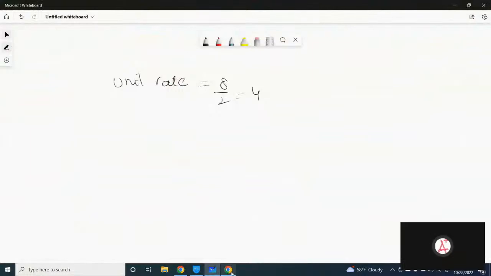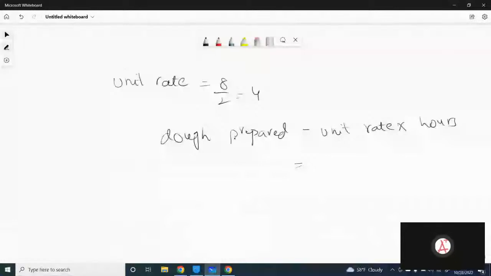So how can you find the value? Okay, you have to find the dough prepared, and that equals unit rate times the hours worked.